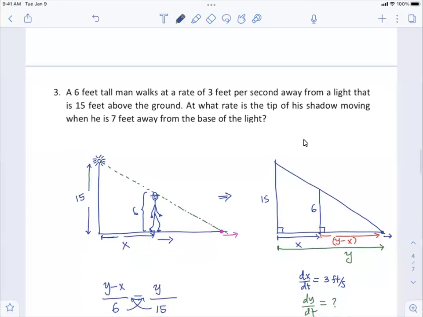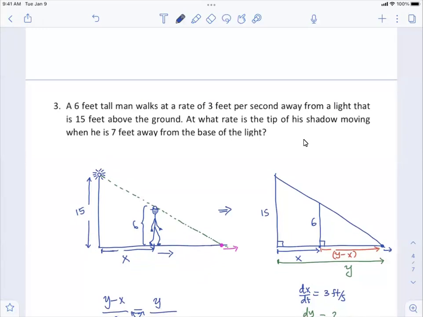And not only one triangle, there are two triangles involved. One triangle with the height of the person, the other triangle with the height of the light pole. Now, with this, we immediately indicate one of the variables, the position of the person, variable x, the distance to the person starting from the base of the pole.